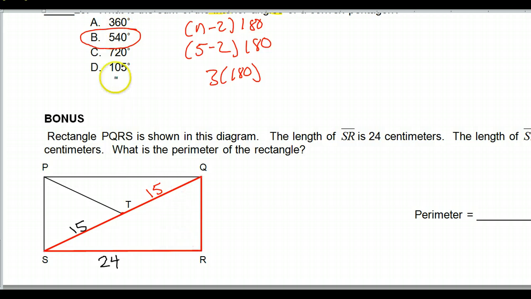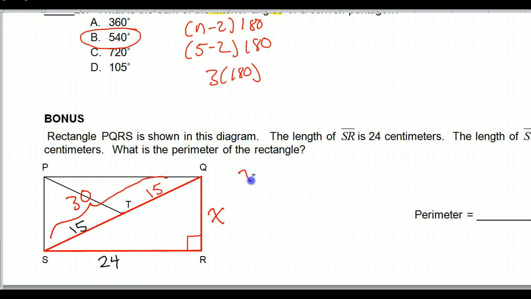The Pythagorean Theorem is our friend. This is a rectangle, which means this is a 90-degree angle right here. Because of the double 15s, you know that this hypotenuse here is 30. So I should be able to find the length of this side of the triangle no problem. A squared plus b squared equals c squared.